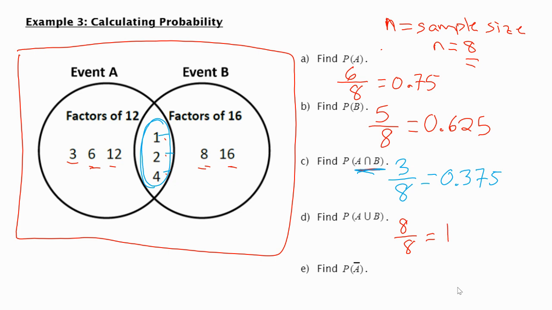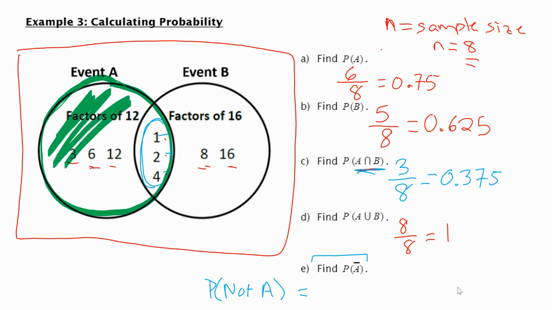And the last one, you may have seen this notation in one of the earlier definitions we saw. That's the probability of not A. That's what that line above it means. So that notation means what's the probability that something doesn't fall within A. So what that means is if I was to take circle A, let's say this is my circle A, I'm not going to want to include anything from circle A, right?